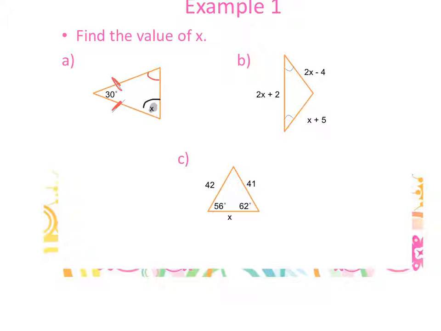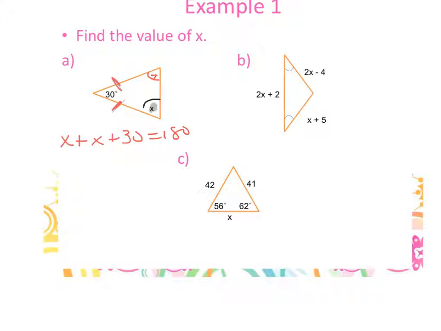Any suggestions? Hayden? 30 plus x equals 180. Say that again. 30 plus x equals 180. Okay. How many angles are in a triangle, though? 3, right? So what if I did x plus x, because this other base angle is also x, plus 30 equals 180.